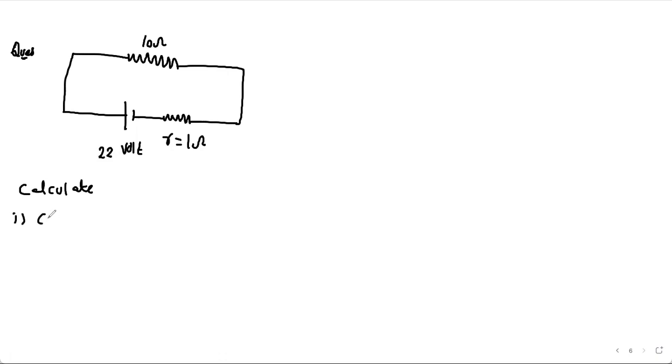First part, current through the circuit. Second part, terminal potential difference or potential difference across external resistor.